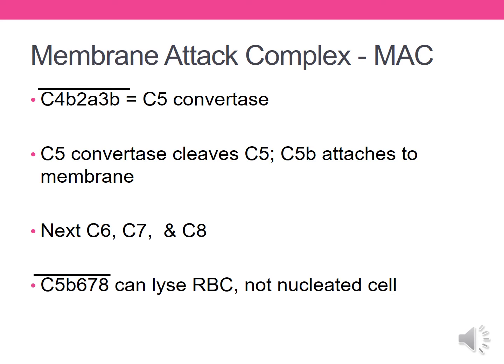And this will create our next enzyme, C5b678. And at this stage, this enzyme can lyse a red blood cell, but it cannot lyse a nucleated cell. That is very important to remember. So at this stage, this enzyme C5b678 can lyse red blood cells, but not nucleated cells.